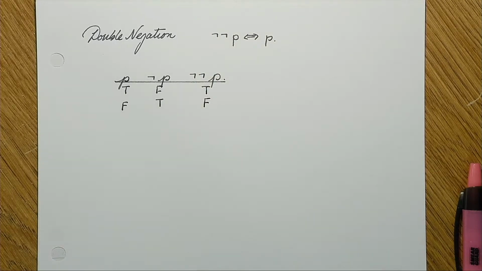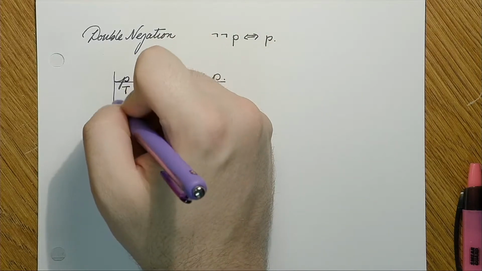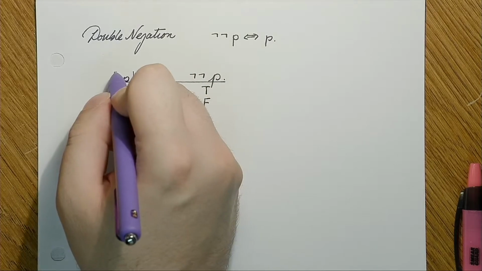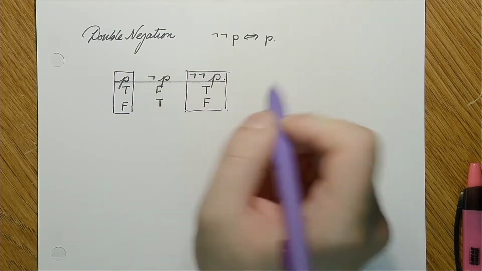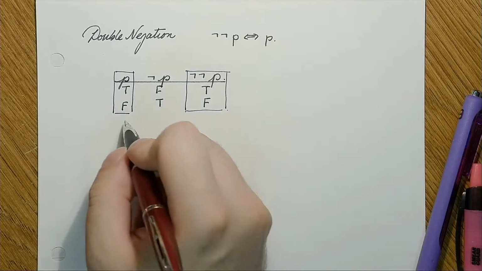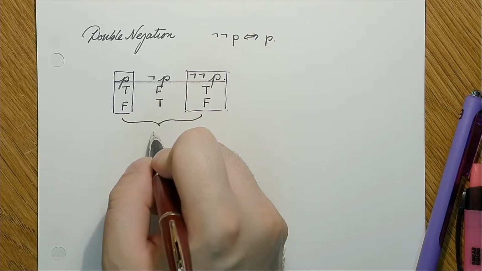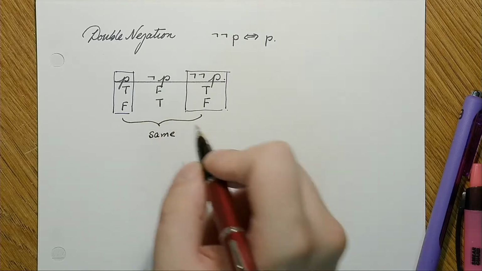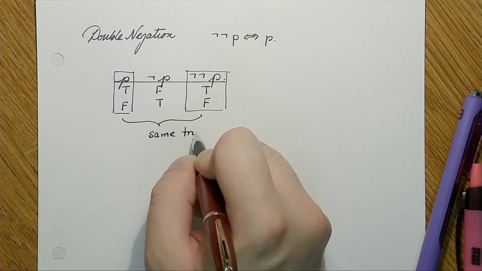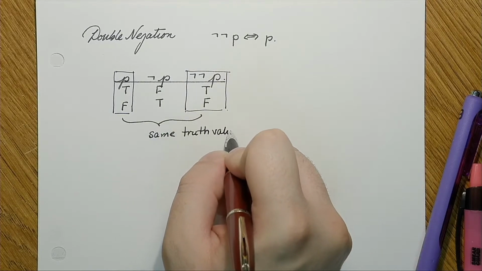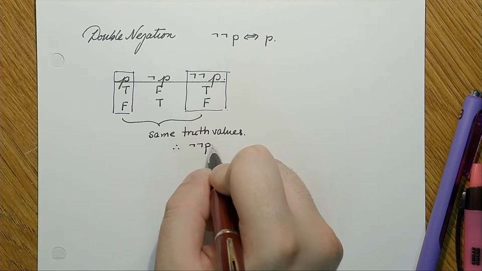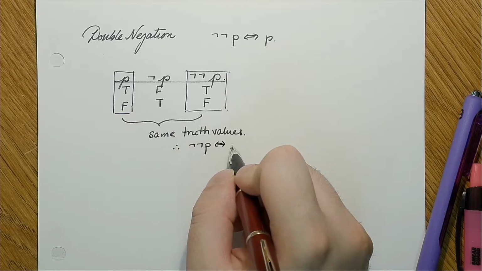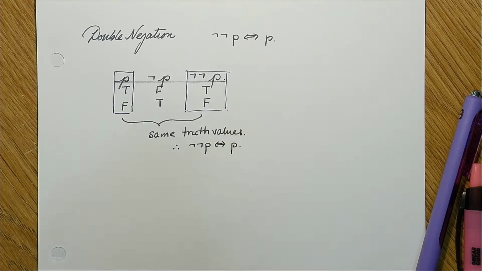And so these have the same truth values, which means that not not P is logically equivalent to P.